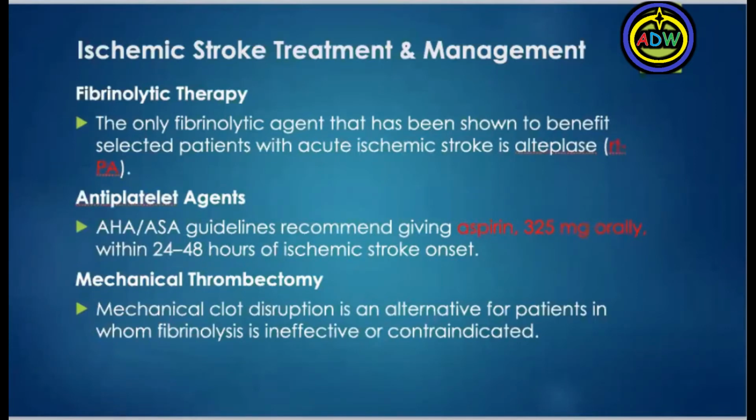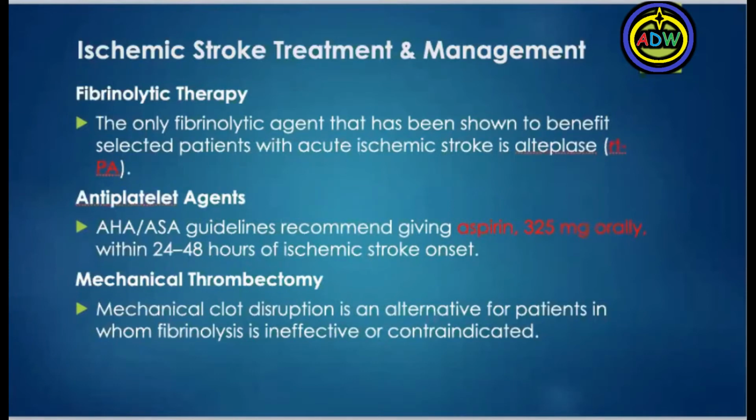So, next is ischemic stroke treatment and management. The only fibrinolytic agent that has been shown to be beneficial is alteplase. It is a recombinant tissue plasminogen activator, which is called alteplase. First of all, we give alteplase, but there are a million contraindications.